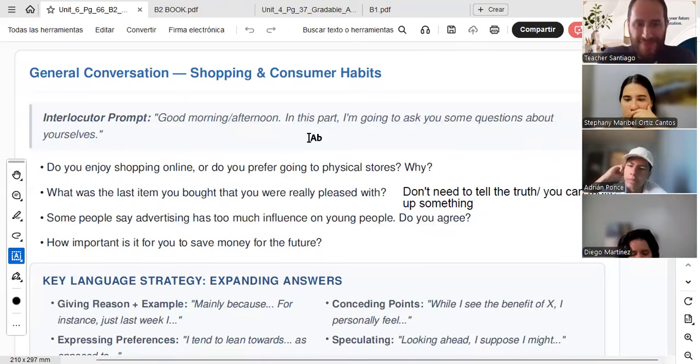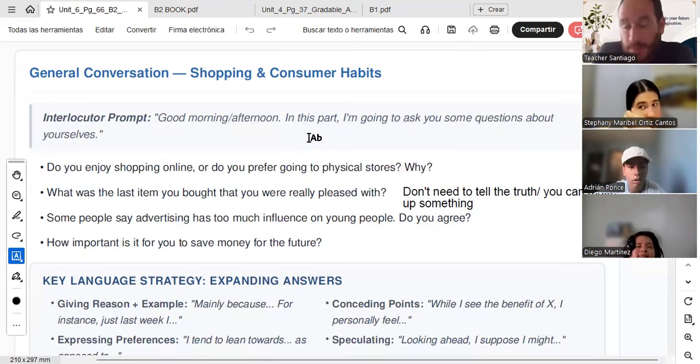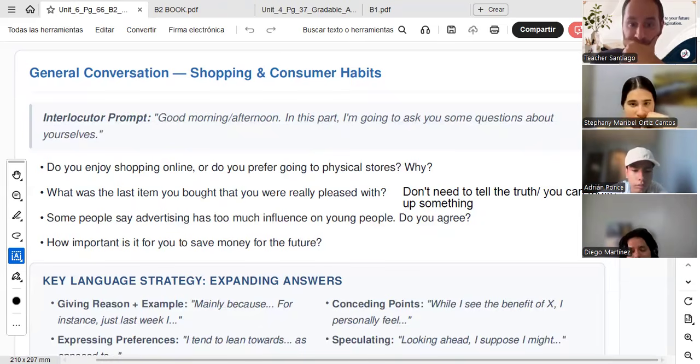Yes, I agree that young people are influenced by advertising. But I see it more from the side of what you learn on a marketing course at the university.